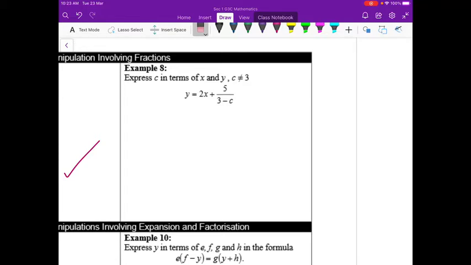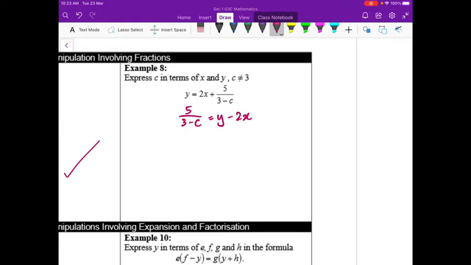Let us remove the 2x first. We subtract 2x on both sides. Not only that, I'm going to switch the positions. Okay, so it's going to be y minus 2x equals to 5 over 3 minus c. But I want to put the 5 over 3 minus c on the left hand side. So I'm going to combine one step. 5 over 3 minus c equals to y minus 2x. So that is my first step.